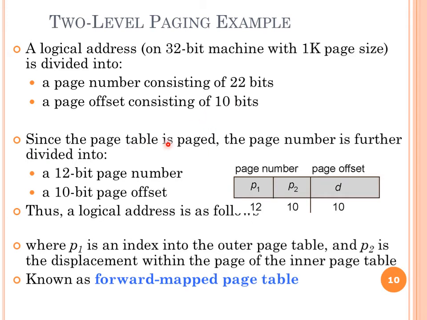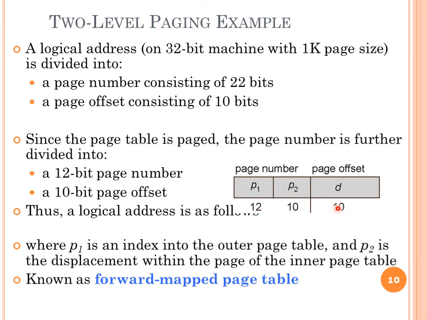Now since the page table is paged again, that is two level paging is done, these 22 bits are again divided into a 12-bit page number and a 10-bit offset. So P1 and P2. P1 is the outer page table address, P2 is the inner page table address. So totally when we add these bits you will get 32.